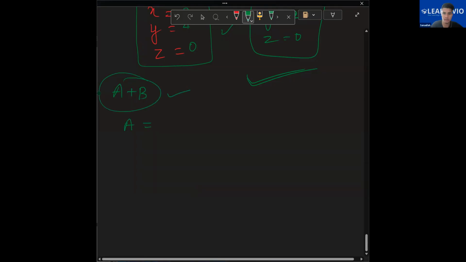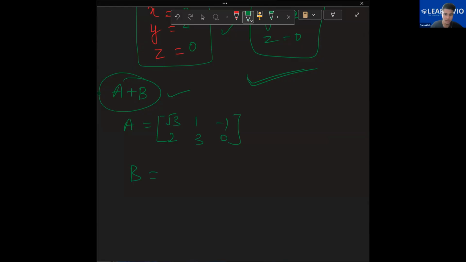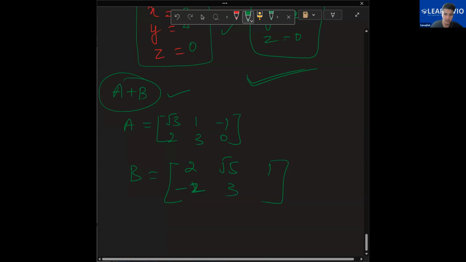A you have root 3, 1, minus 1, 2, 3, 0. B is 2 root 5, 1, minus 2 and 1 by 2.